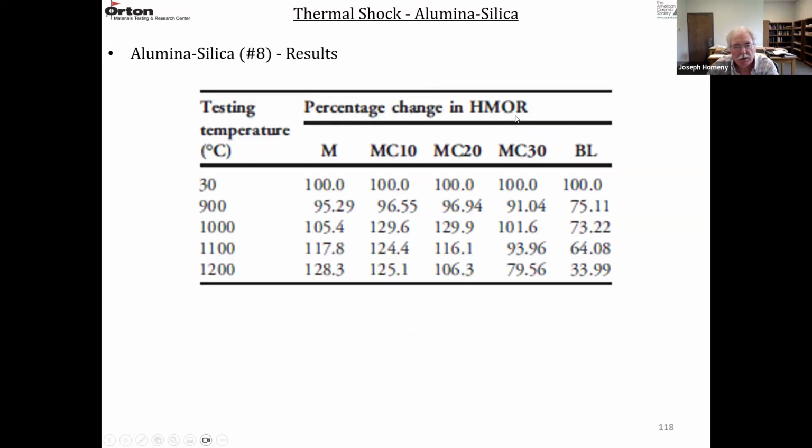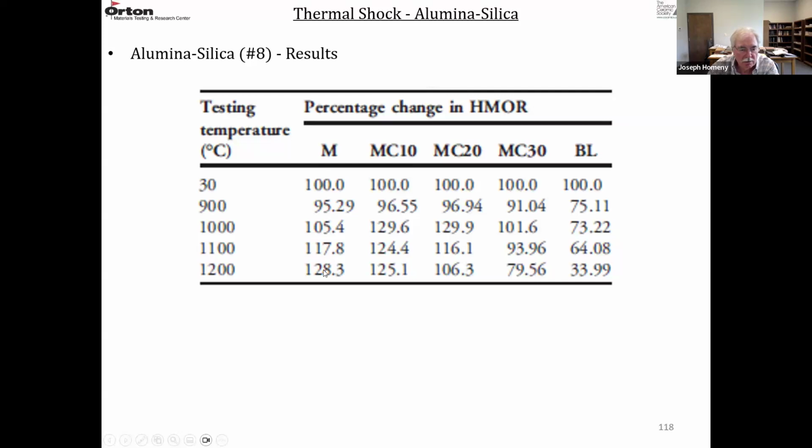So the percent change in hot MOR, again, M is all mullite, BL is all corundum. And these are the testing temperatures, the quenching temperatures. So it's normalized to 100%. So you can see that the mullite material actually got a little bit stronger, probably because of the plastic phases responsible for stress relief.